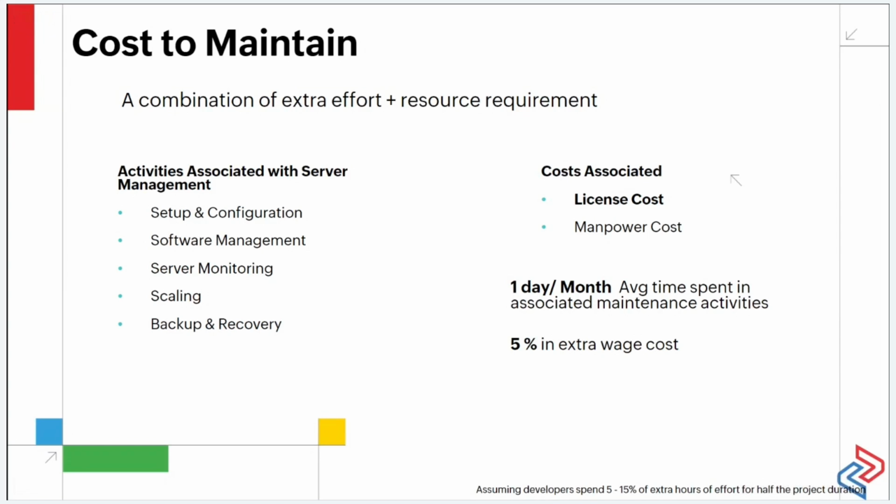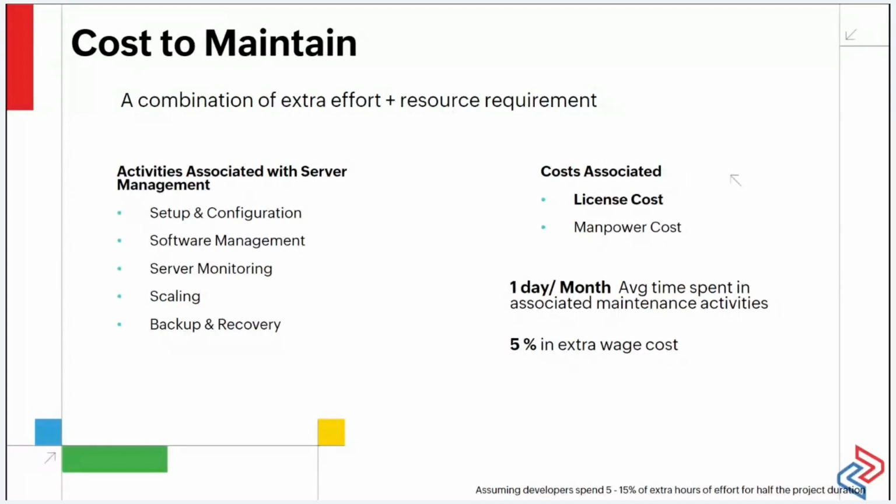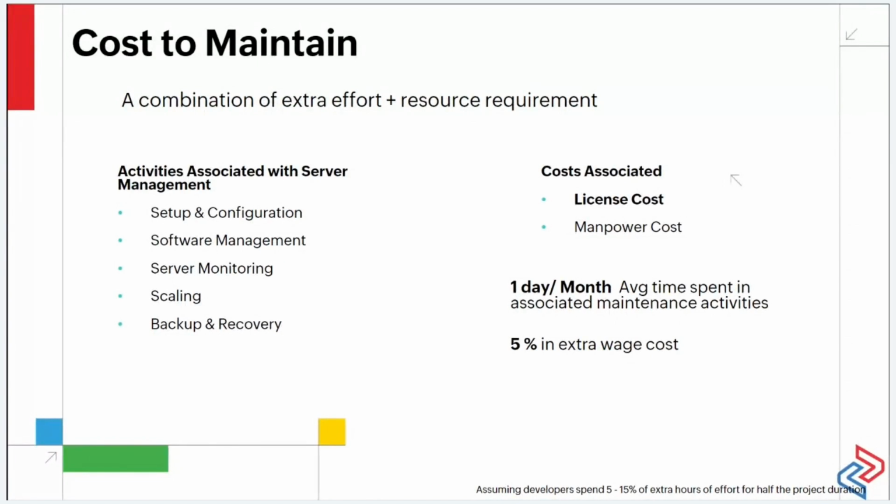So in these two costs, which is cost to develop and maintain, we've established that we're looking at an additional cost of about 15 to 35% in terms of time cost, and 10 to 20% in terms of extra wage cost.